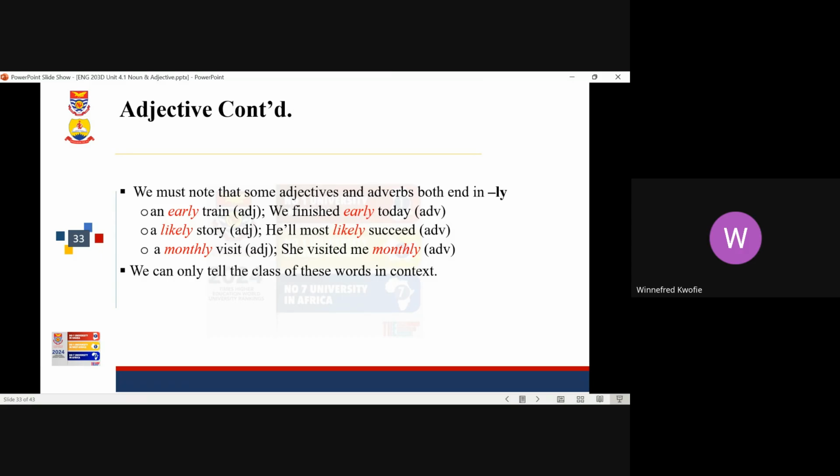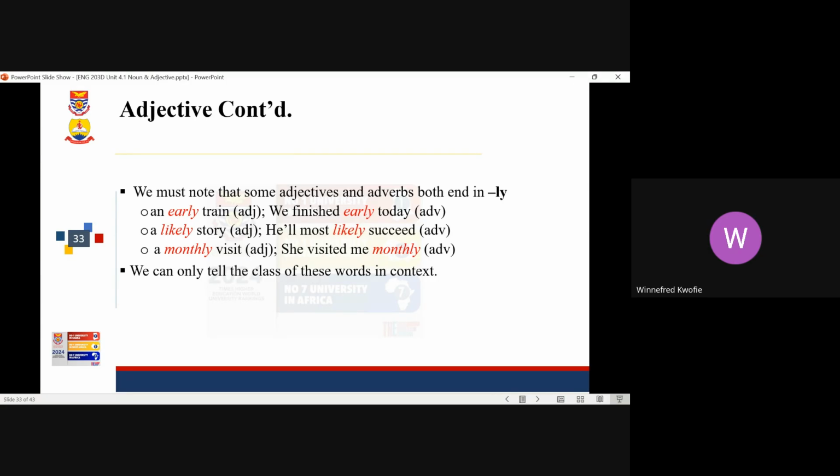Now, in terms of form, like I said earlier, some adjectives and adverbs have the same form, but their difference will be determined by the context. You can look at these examples: an early train, and then we finished early today. In the first one, in the early train, we are saying that early here is an adjective because it is referring to the train.